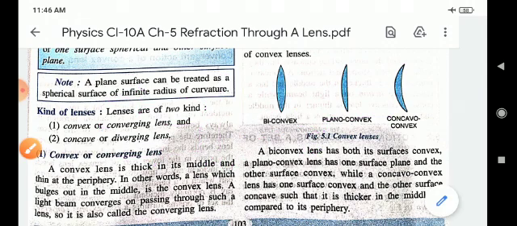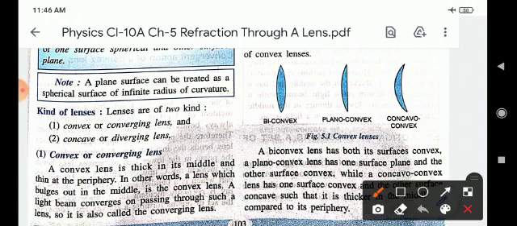Similarly for diverging, it means to separate and go in different directions or to become different. For example, it is the principal axis, it is the normal.